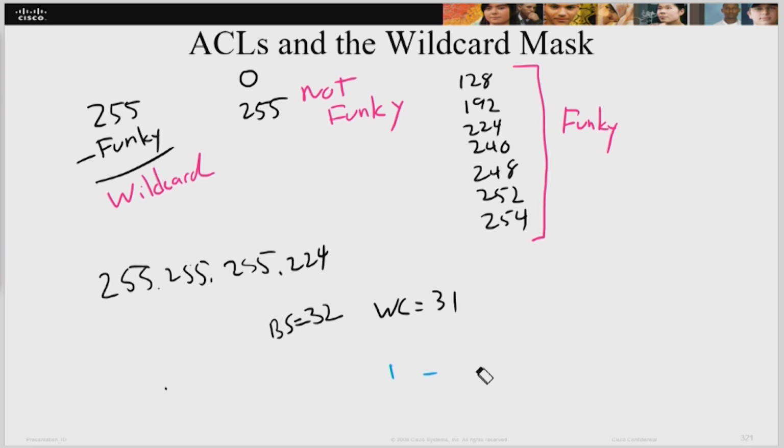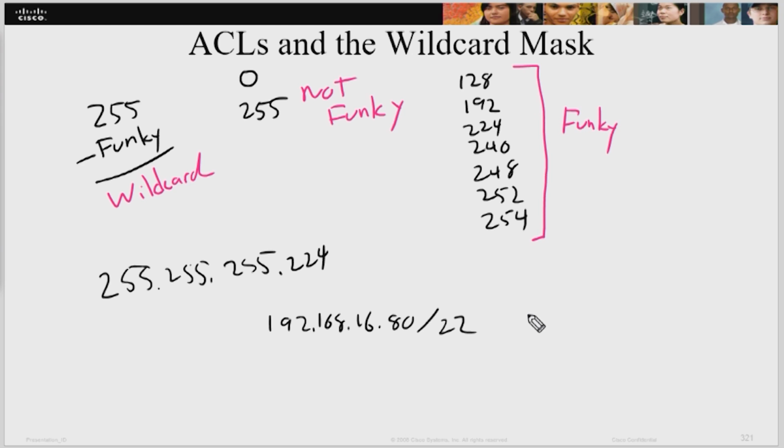For example, we'll do one more example for you. If I look at an address of 192.168.16.80/22, what is that subnet mask?